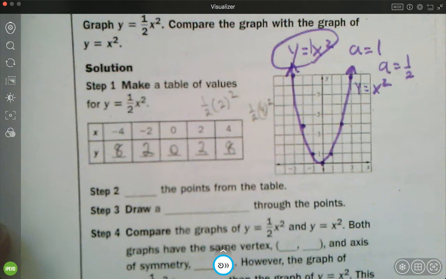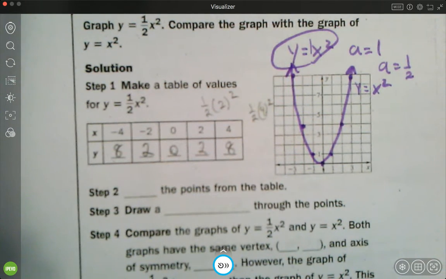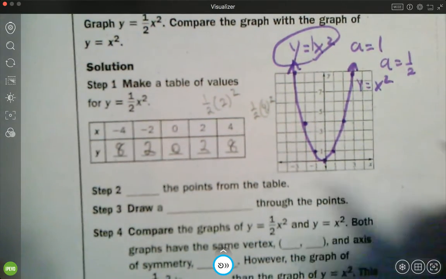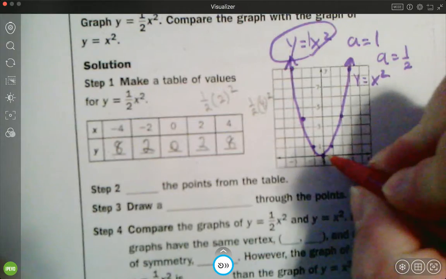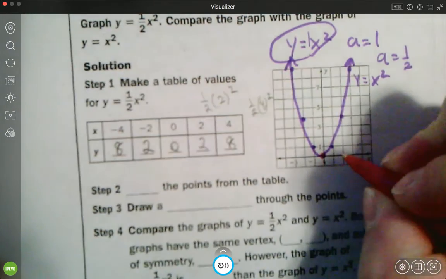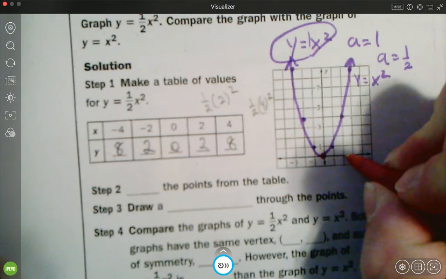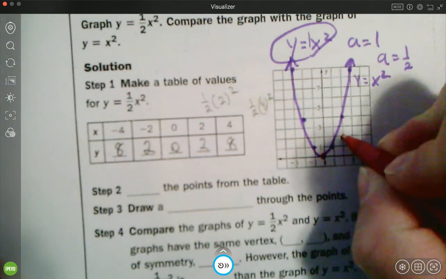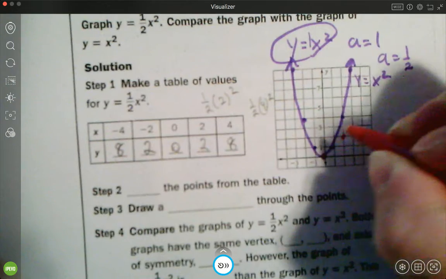So now I'll graph it. I'll try to use a red pen here, so you can see the difference. So here, I'm going to go 0, 0, still my vertex, so the vertex hasn't changed. Then 2, 2 over here. And if I put a dot there, I can go on the other side, put a dot here.